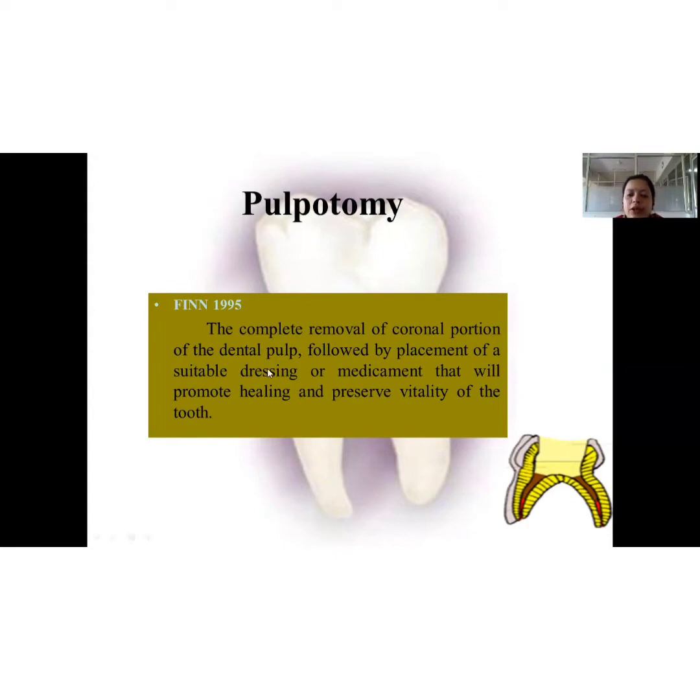According to Penn in 1995, it is the complete removal of the coronal portion of the dental pulp, followed by placement of a suitable dressing or medicament that will promote healing and preserve the vitality of the tooth.